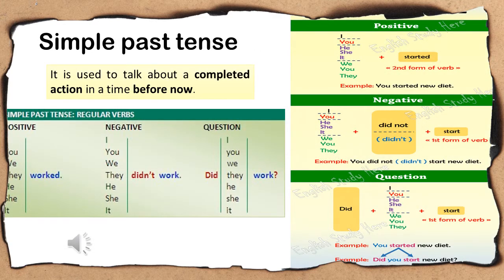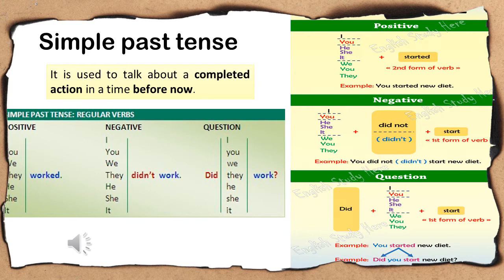Simple past tense. It is used to talk about a completed action in a time before now. And here we have the structure for positive, negative, and for a question. Positive. First is the subject plus the verb with ed at the end plus the complement.